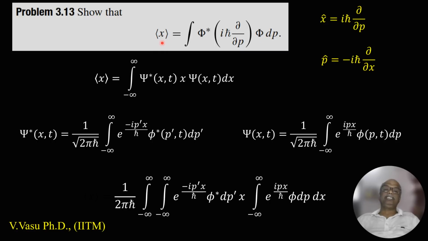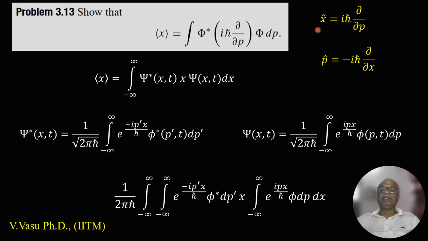Here the interesting thing is we are going to find the expectation value on the momentum-based wave function. Φ is the momentum-based wave function, and iħ ∂/∂p is the position operator in the momentum basis.